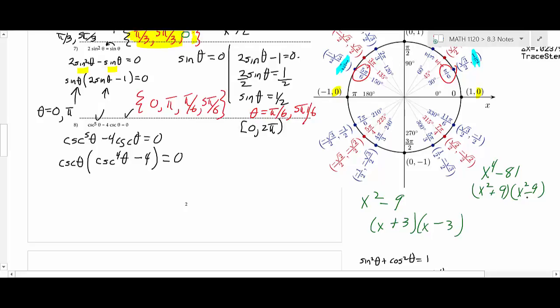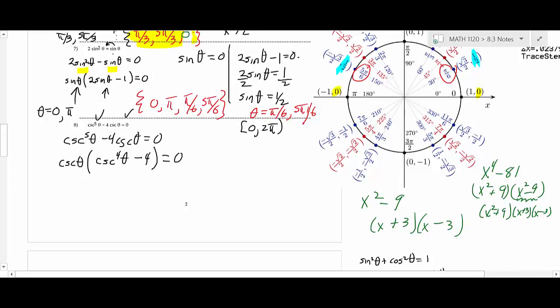Same thing. However, this one would factor one step further, and a sum of 2 squares never factors. So x squared plus 9 is prime. That doesn't factor. But x squared minus 9 would factor again, x and x, 3 and 3 with a plus or minus. Does that look familiar? So you got to learn to spot your factoring. If you need to brush up on your factoring, you need to do it now, because it's going to show up in this section quite a bit, and the next couple of sections actually.